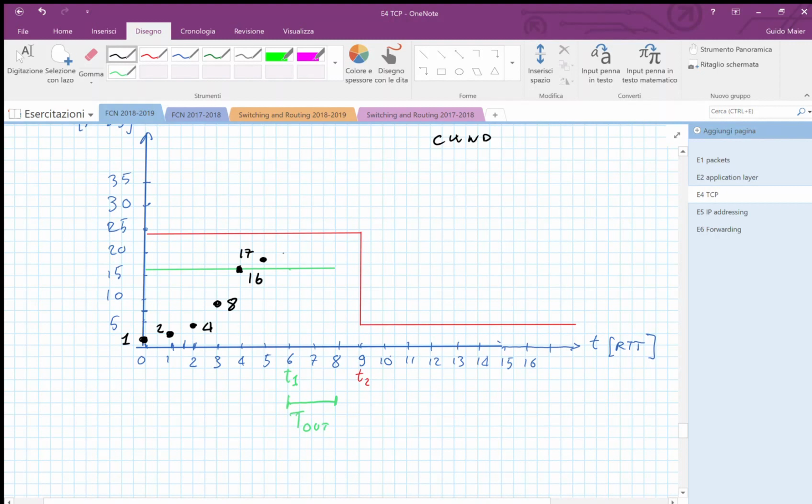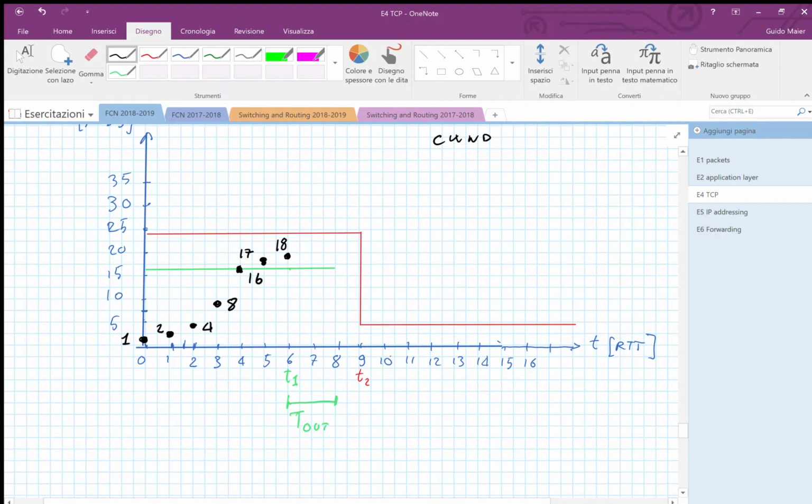Then again, it's another round trip time, so here we arrive at 18, okay? Now we have the outage of the network.